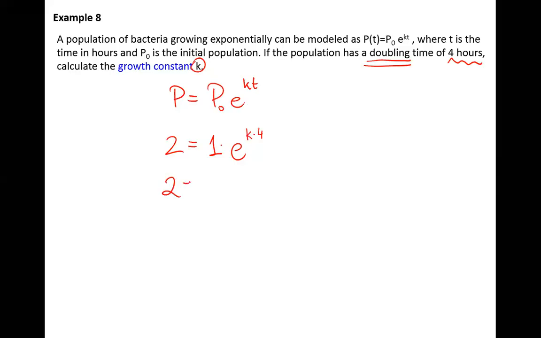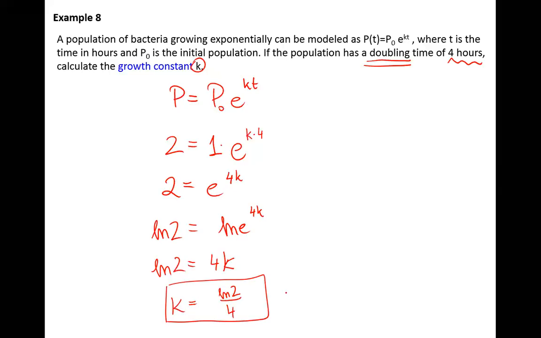I can rewrite without the 1, and take ln of both sides, which we know gives 4k. This means k is ln of 2 over 4. If you use the calculator, we get 0.1732, which is 17.32%.